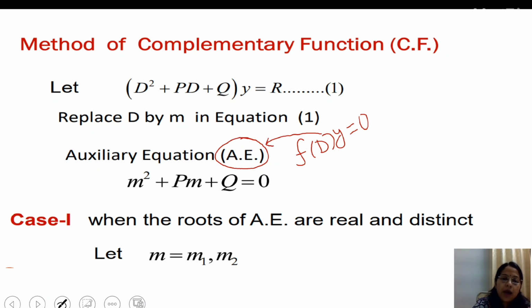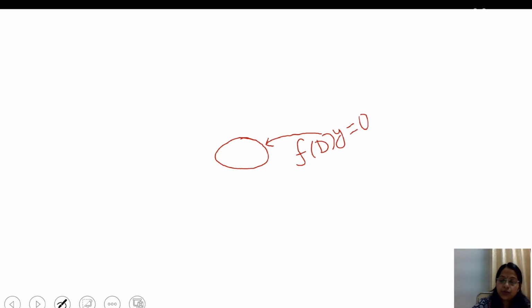For example, I have the differential equation which I had shown you here.